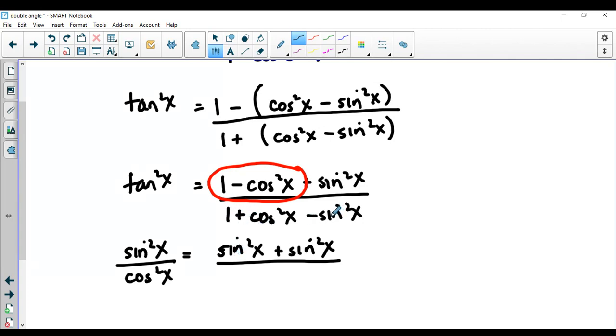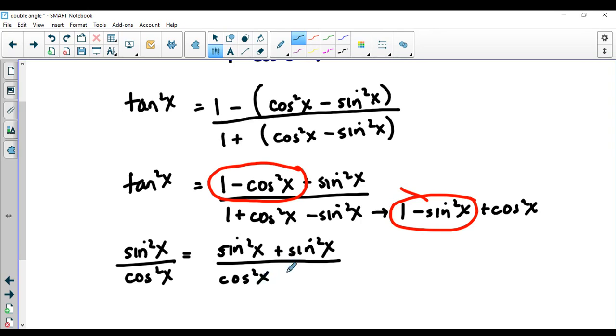And what about the bottom? So the bottom, if I look on the left, I only want cosine, so I have to get rid of sine squared. I'll remind you, you're allowed to rearrange terms. Okay, so I didn't feel like rewriting the whole thing, but you're allowed to rearrange the terms. By rearranging the terms, you have 1 minus sine squared x. So now, looking at what my left side should be, I at least have the correct term.